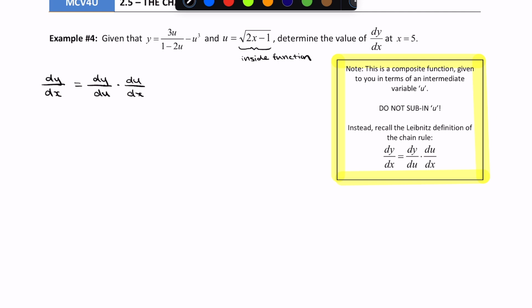And we'll split this up into 3 parts. dy over dx we'll put as number 3, dy over du as number 1, and du over dx we'll put as number 2.